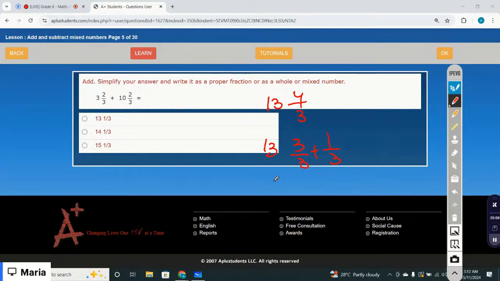So this is 1 plus 1 over 3. Add this 1 to 13, that will be 14 whole 1 over 3. The correct option is 14 whole 1 over 3.